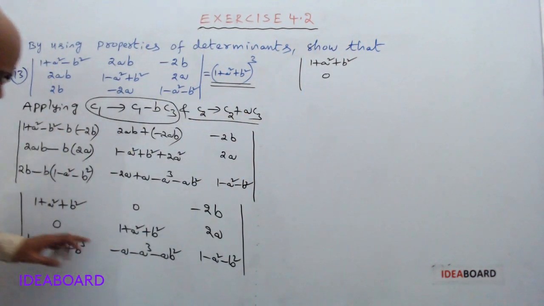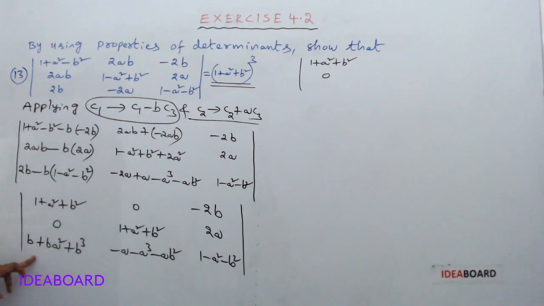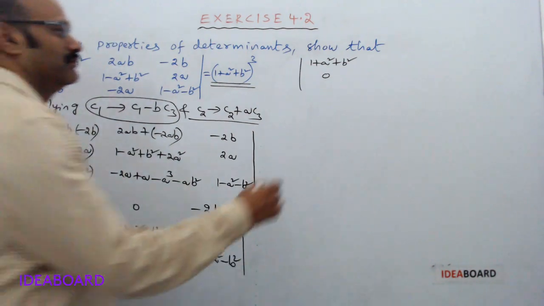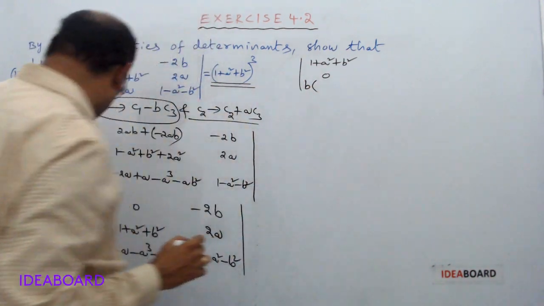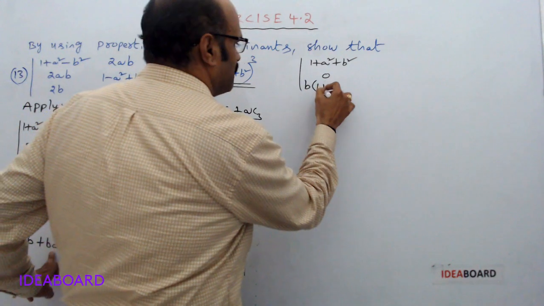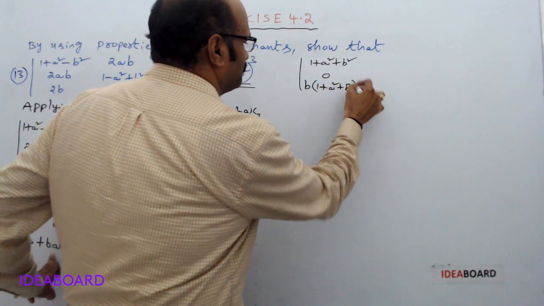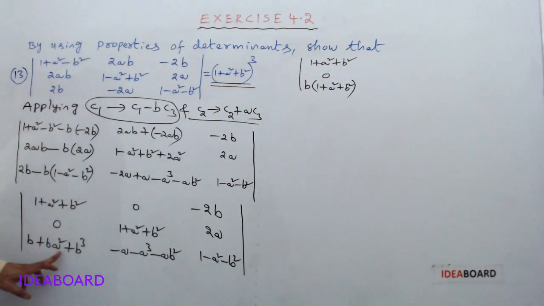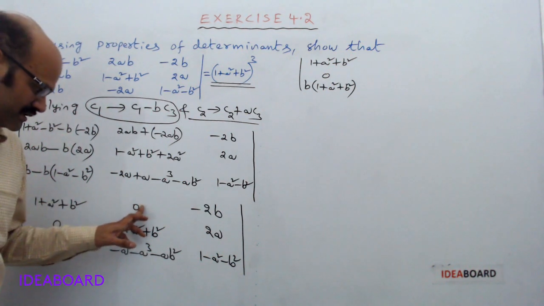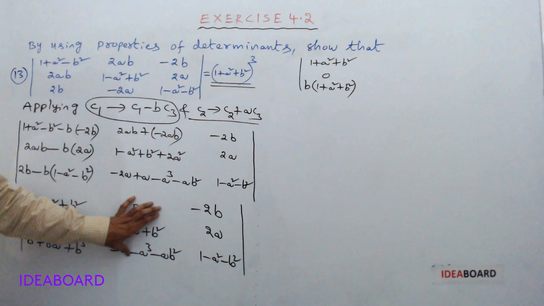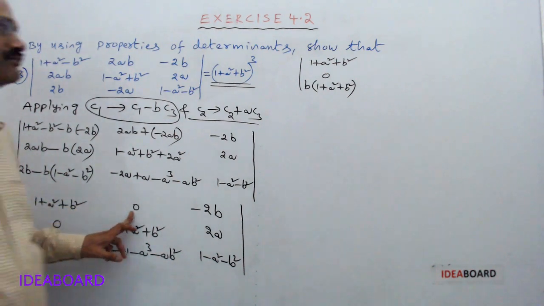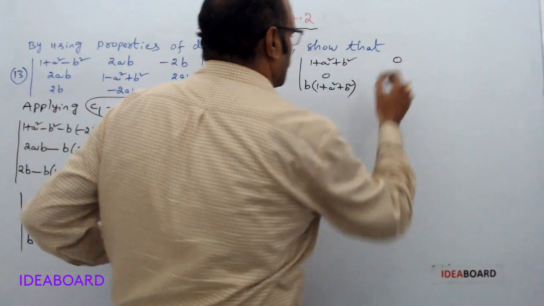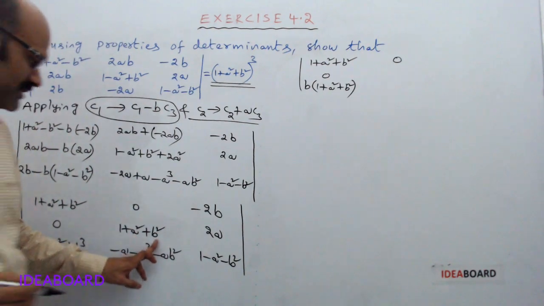Let us write first column 1. Here b is common. When you take b common from this, we have b into 1 plus a square plus b square. So c1 over. Now let us come to c2, second column, 0, 1 plus a square plus b square.